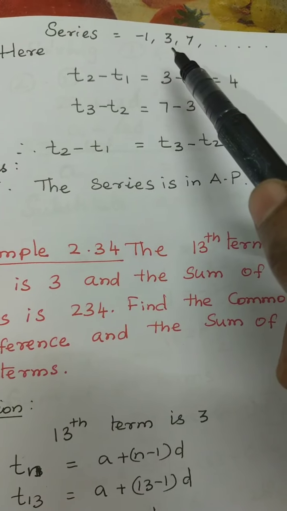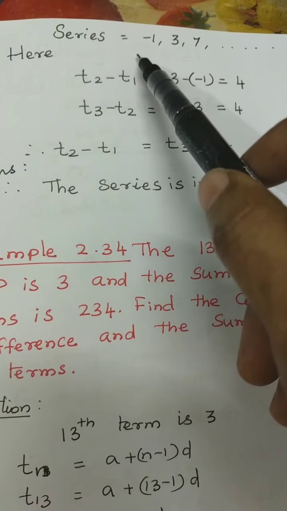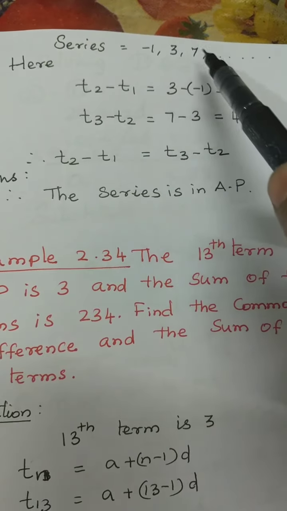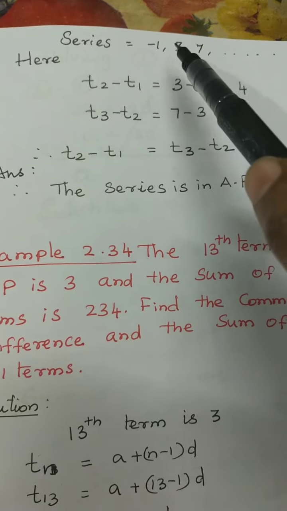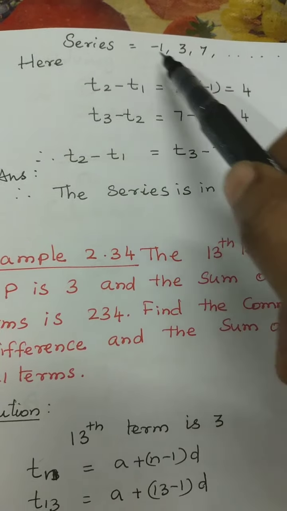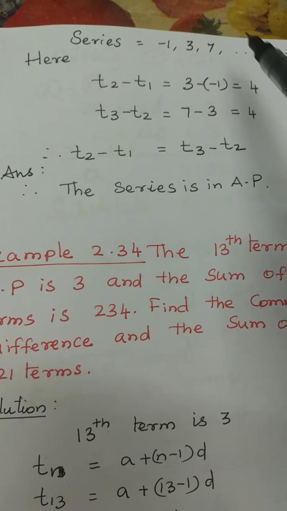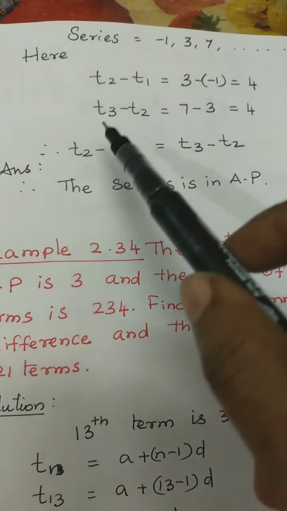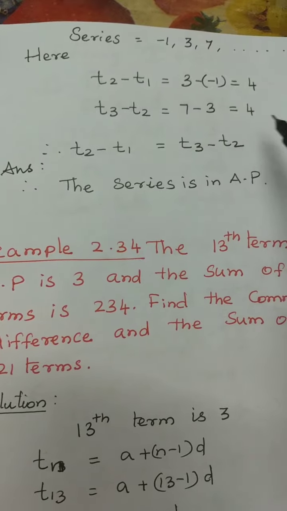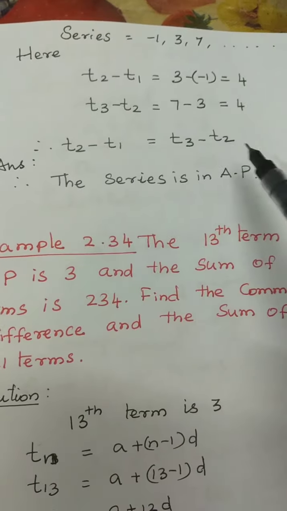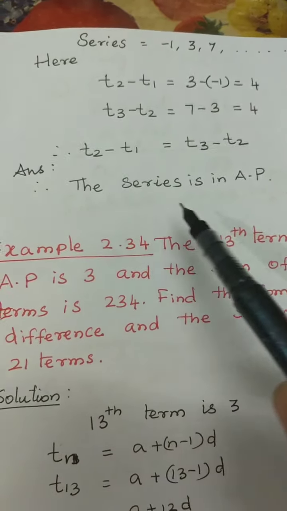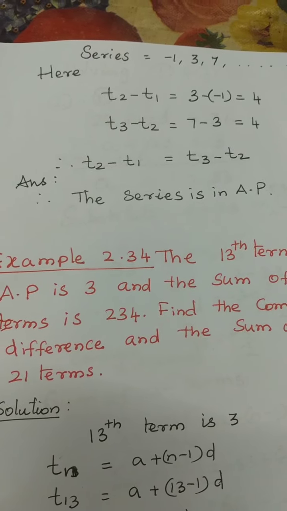So when it is an AP, T2 minus T1 is equal to T3 minus T2. Now see, T2 minus T1, 3 minus minus 1, is equal to 4. Then T3 minus T2, 7 minus 3, is equal to 4. So these two are equal. So the series is in AP.